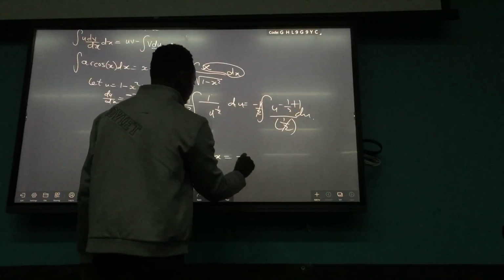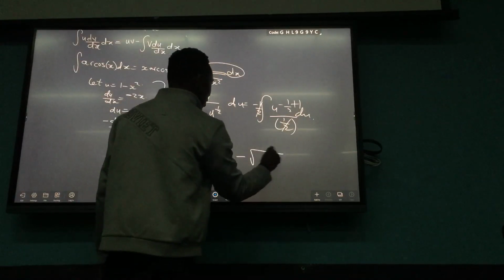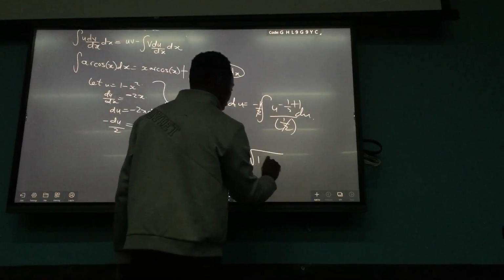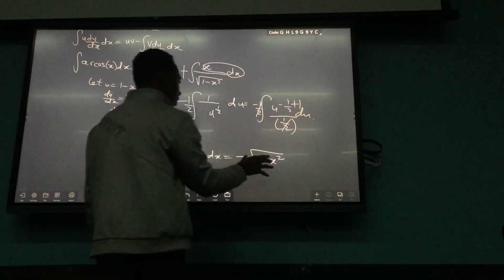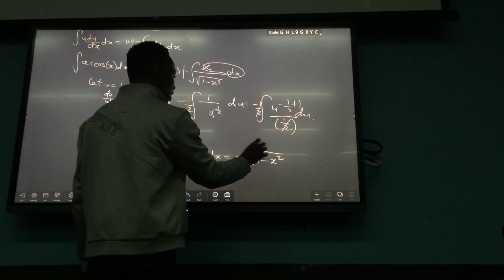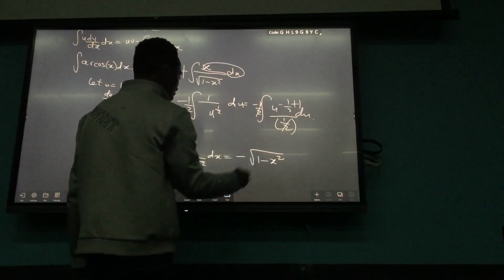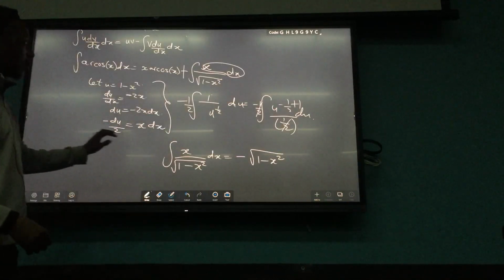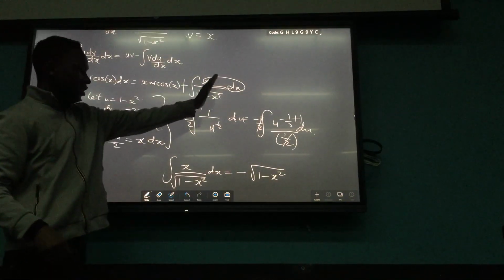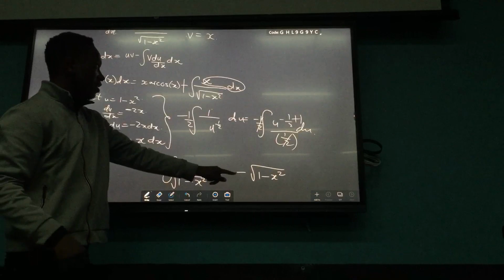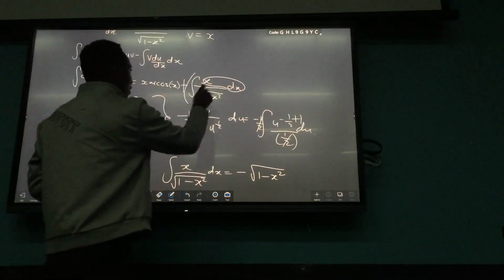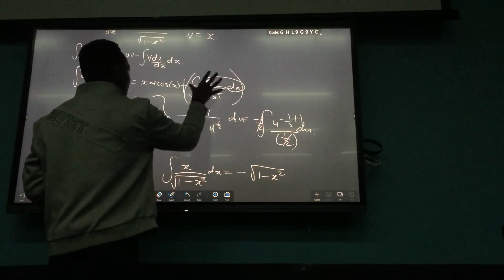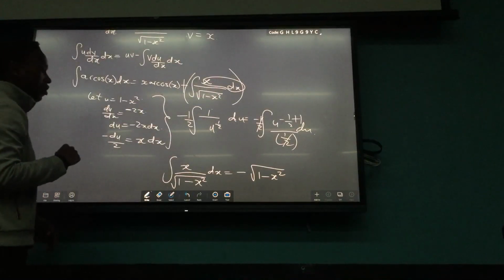And we have that negative sign, so it's going to be minus the square root of 1 minus x squared, because u to the power half is just the square root of u. So that's the result for that part of the integral. And remember, it had a negative sign, so we are removing that integral and putting in its solution.